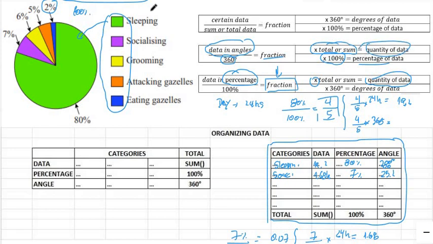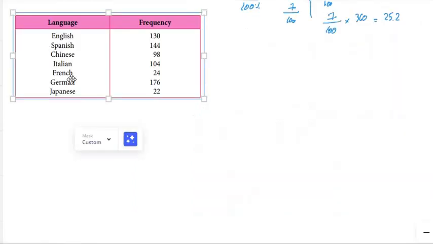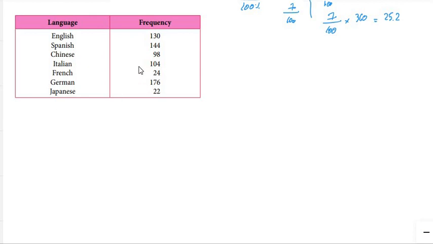For example, you have a table of frequency, and you can figure out the total frequency. So let's do this example exercise. You have this table, and you want to make a pie chart with this information.